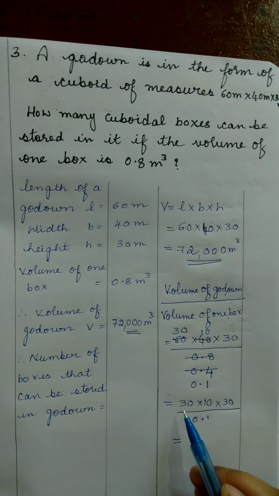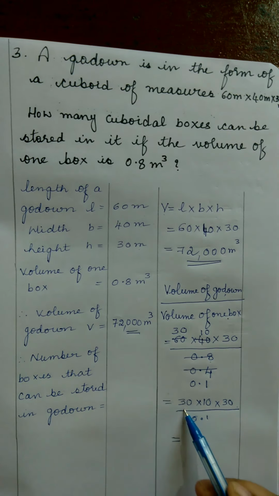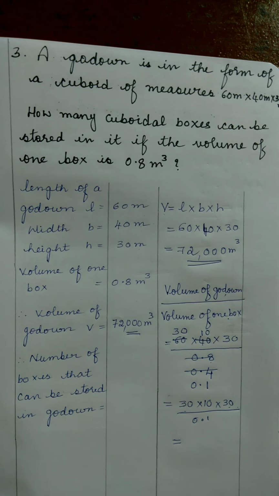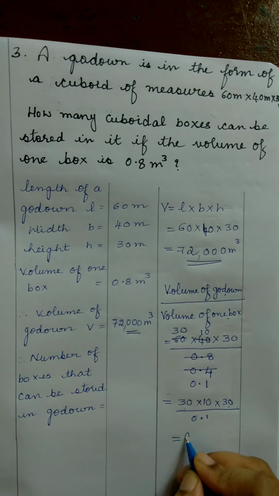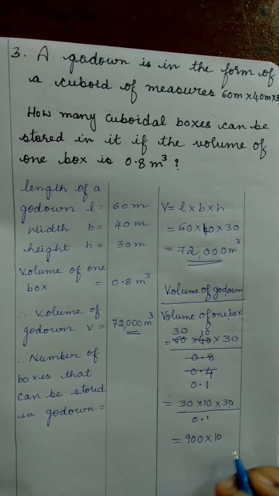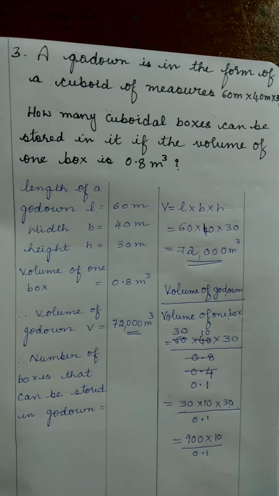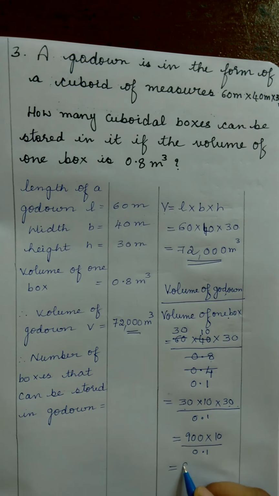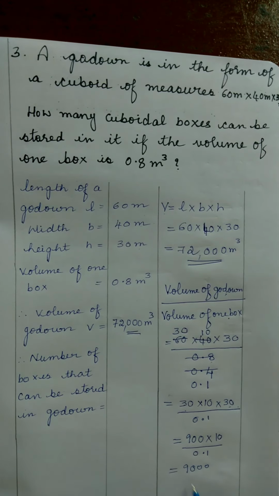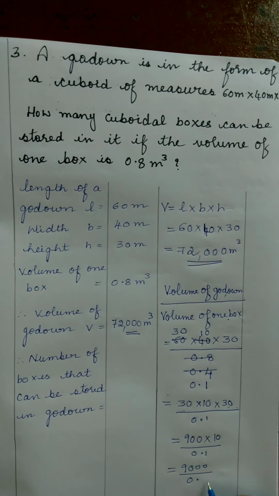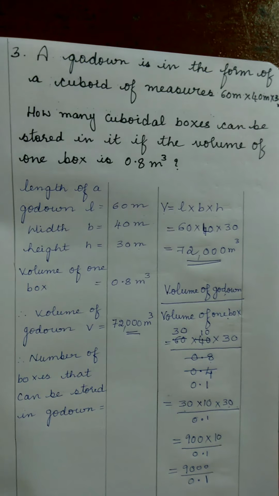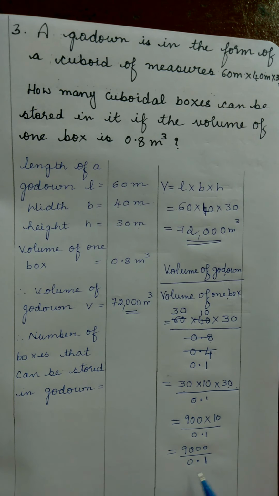We know that 30 into 30 is 900, into 10 divided by 0.1. In the next step, 900 into 10 is equal to 9000 divided by 0.1. We have after the decimal point only one digit.